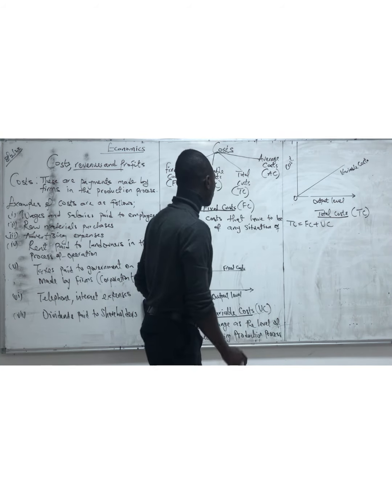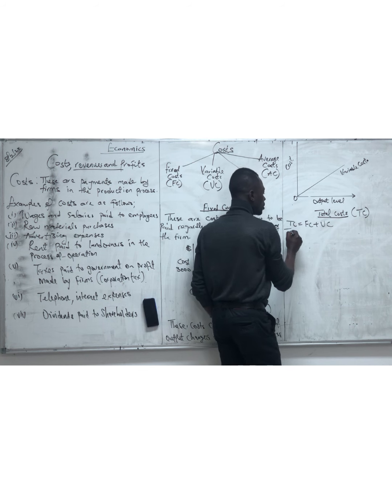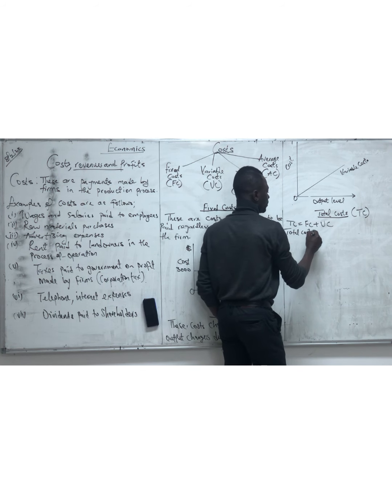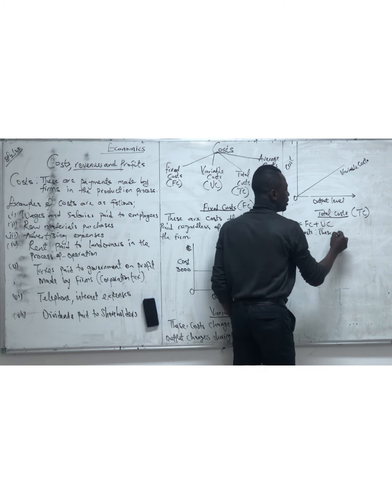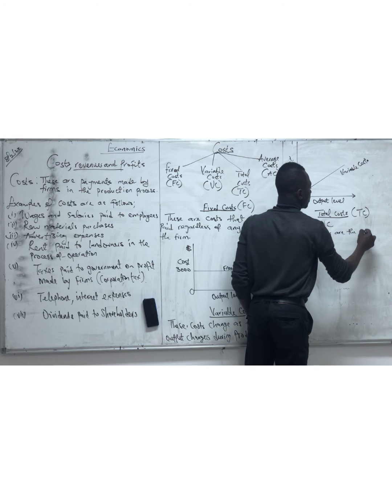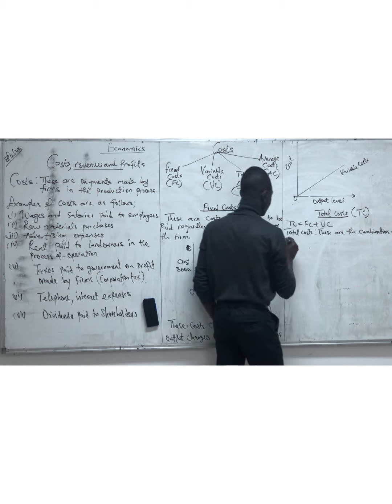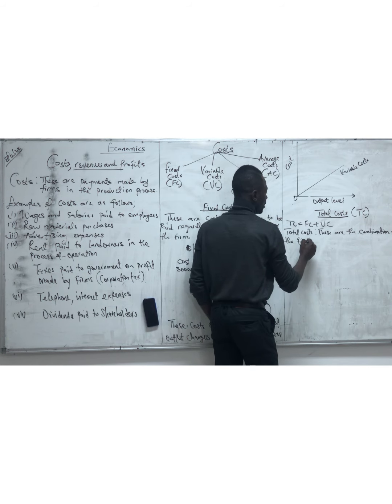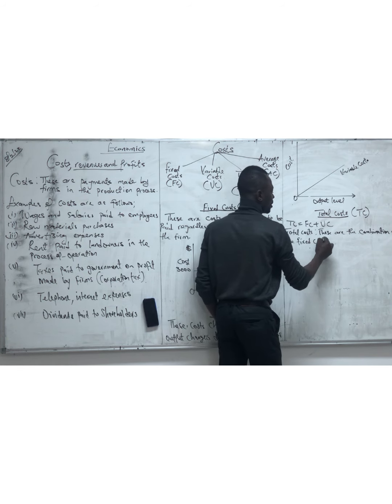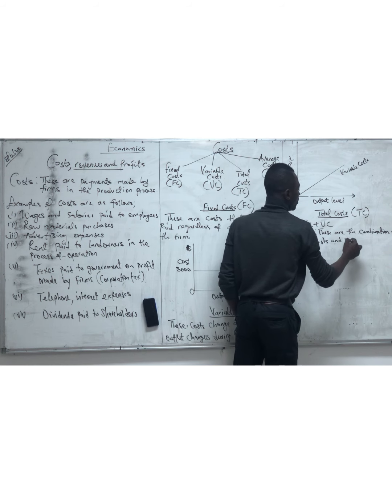Okay, so we say total costs are the combination of the fixed costs and variable costs.